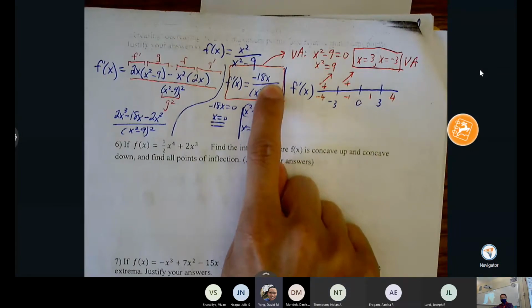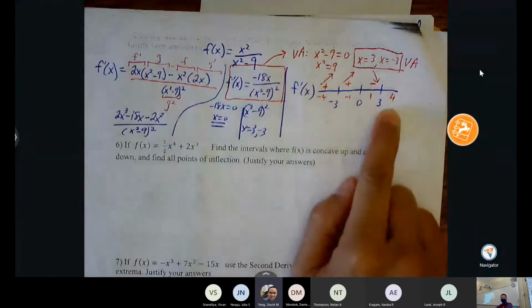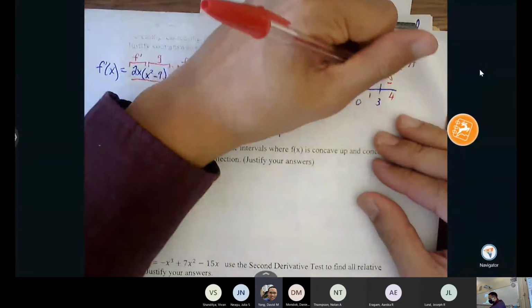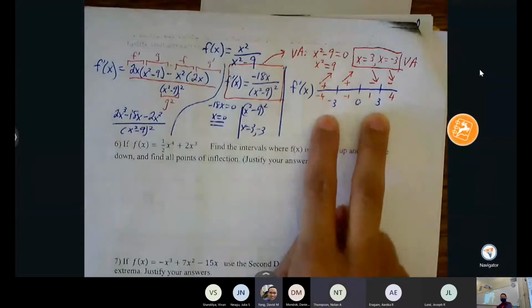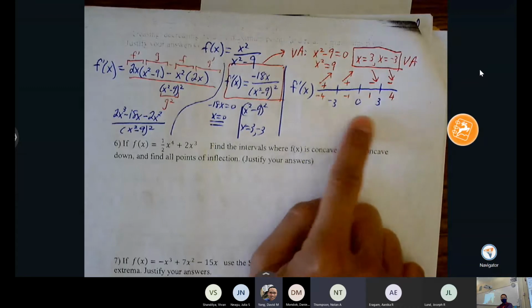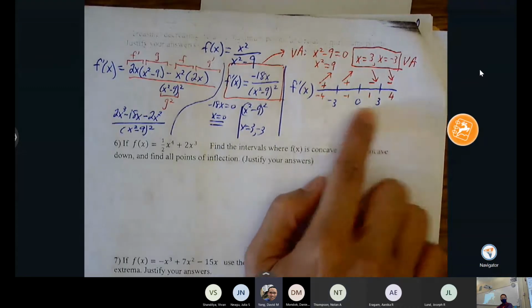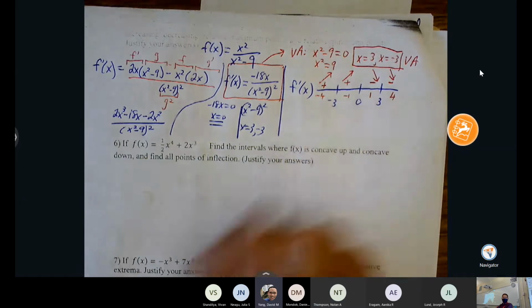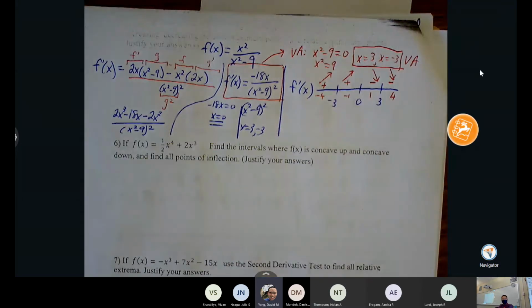Negative. -18 times 1 is negative. Okay. Plug 4 in. Negative. So we have one relative max, right? Which is at 0. No relative min. We have intervals of increase and decrease.